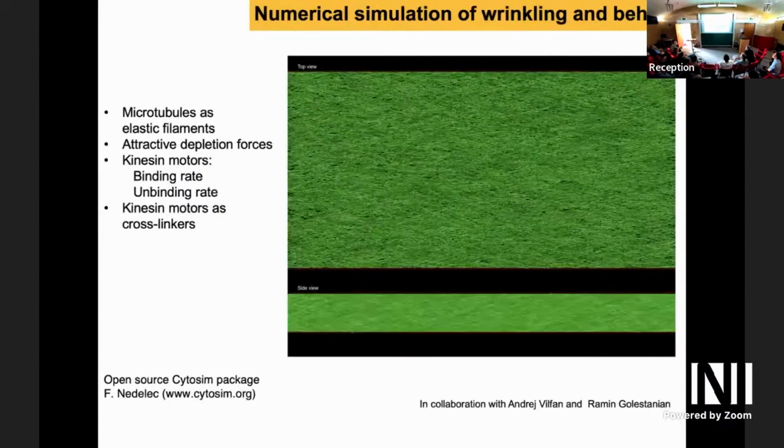In order to have access to some parameters that are not directly accessible with the experiment, again, Ramin and his group helped me with this simulation, which they did with Cytosim.